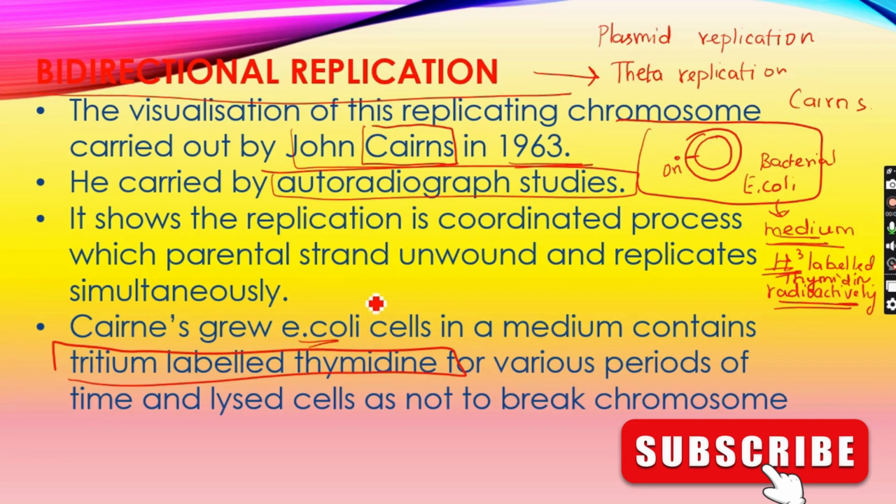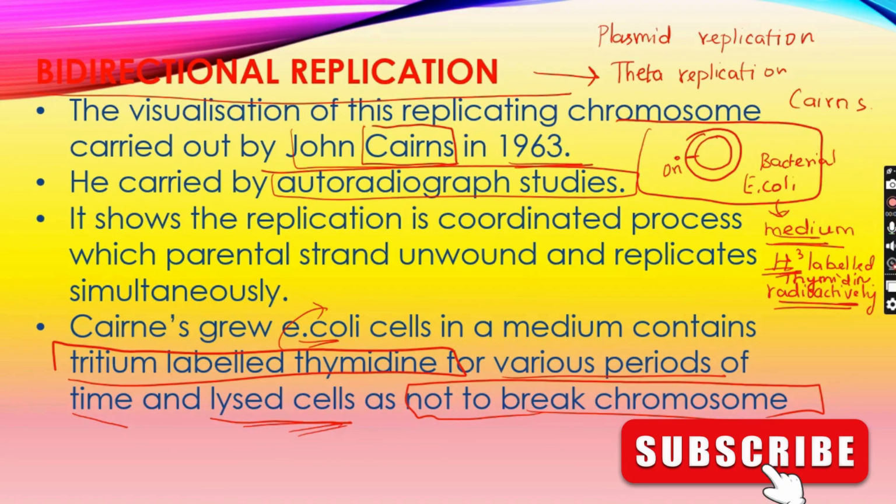When the E. coli cells grow, they need a supply of thymidine. When they need it, they take up the tritium-labeled thymidine into the site of replication. After several periods of time, he isolated the E. coli cells and lysed them without breaking the chromosomes.